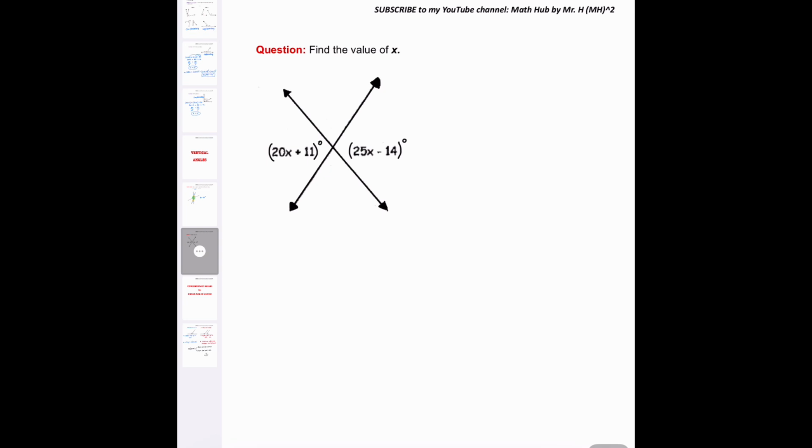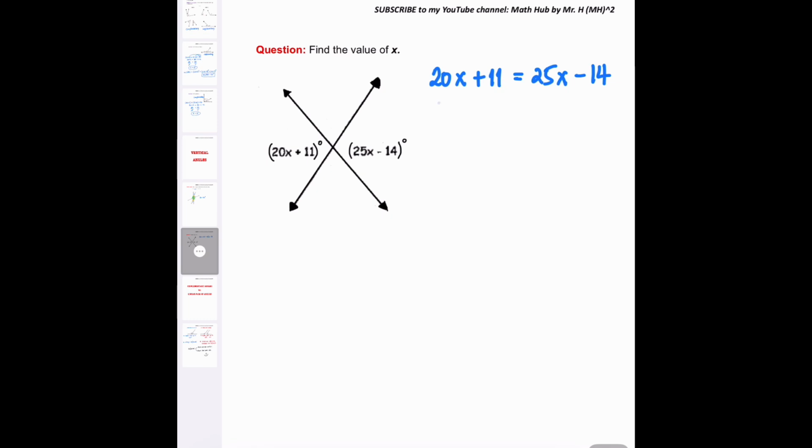You are correct. To start finding the value of x, we write the initial equation by taking one angle equal to the other angle. So we take 20x plus 11 equal to 25x minus 14. And then from here, we can solve for x.